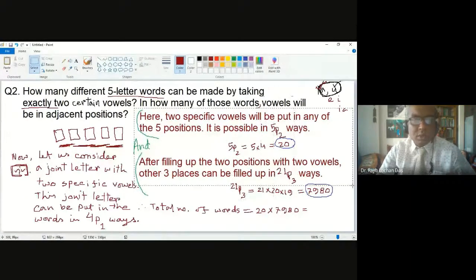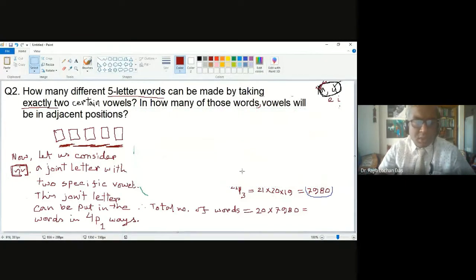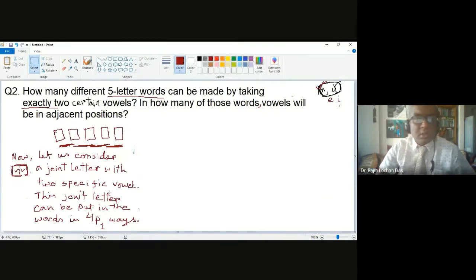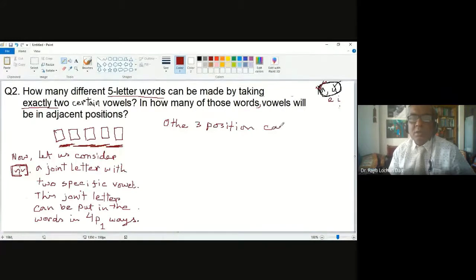Now you go to the next option. If you take this joint letter, then what about the other three positions? Two letters are already taken now. Then what will be the other three positions? So you will write: other three positions can be filled in 21P3 ways.